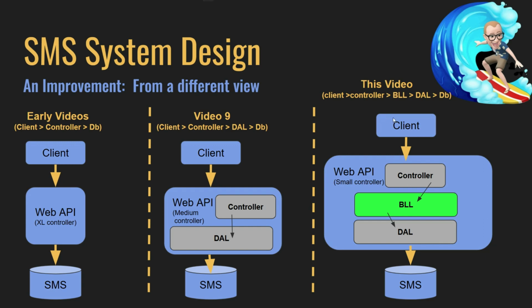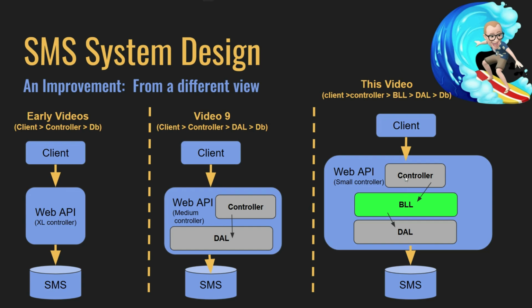So the flow this time will be the client will make a request, that will hit the controller. The controller's only job now is to route the URL request to a method. Inside that method, the method will know of the dependency that is the business logic layer.